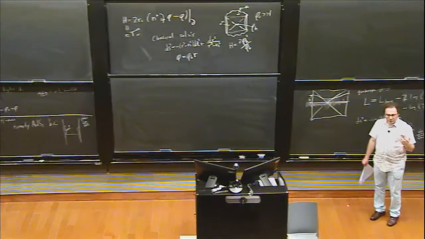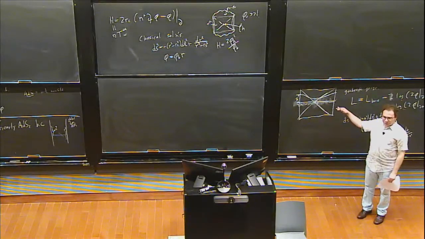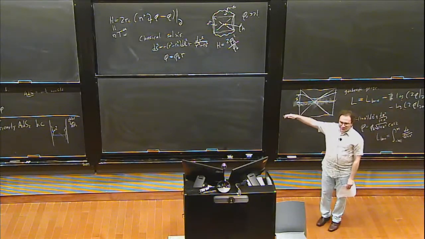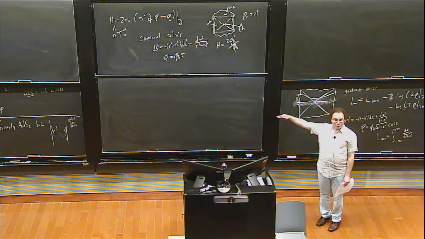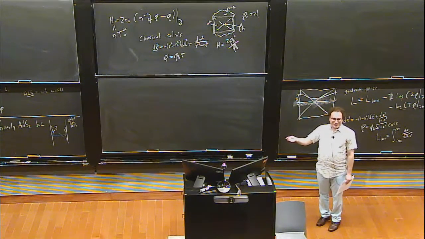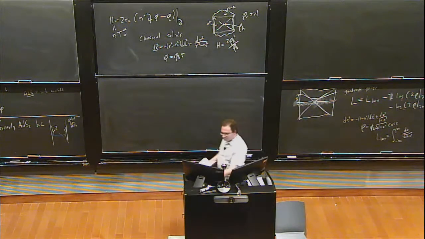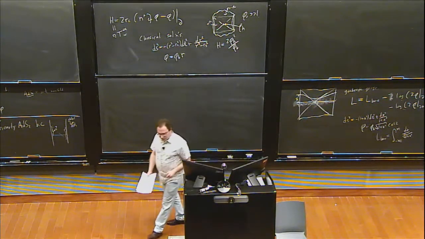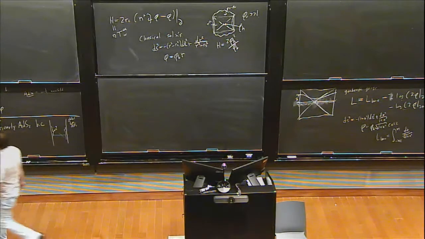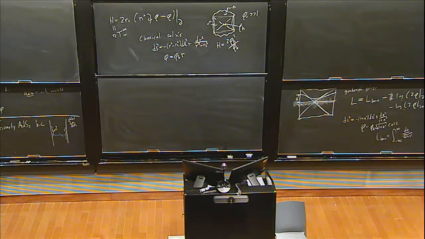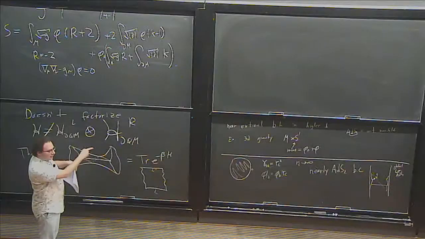There's no discrete ambiguity, at least for the on-shell solutions. But when I put it together to compute the thermal trace, it looks like there was an ambiguity. Okay? Yeah. At infinite L, well, you can see that here because as it winds around and around, the length gets bigger and bigger.